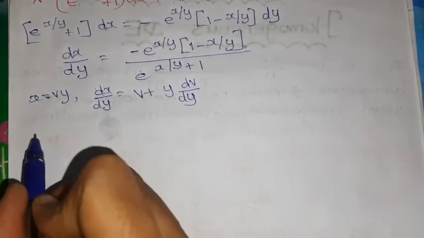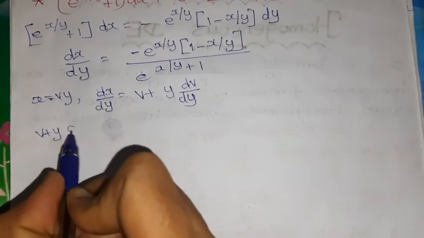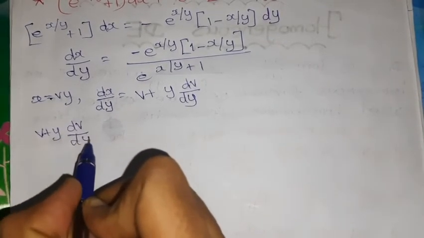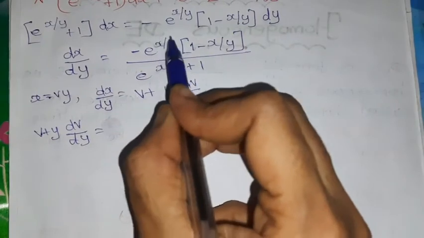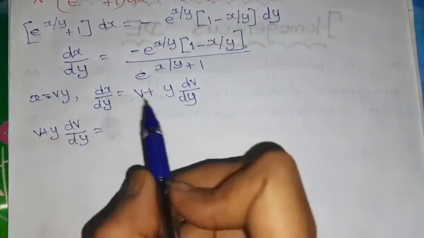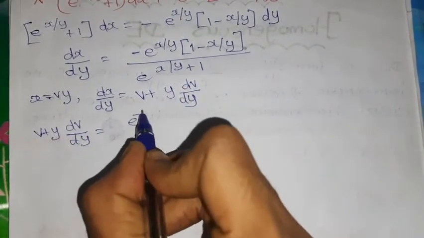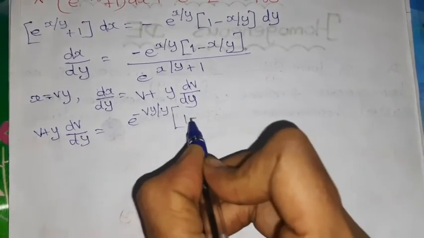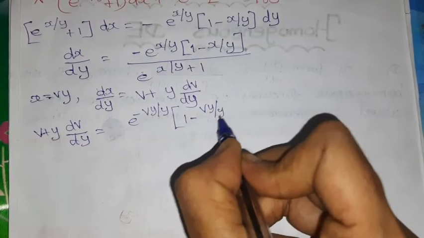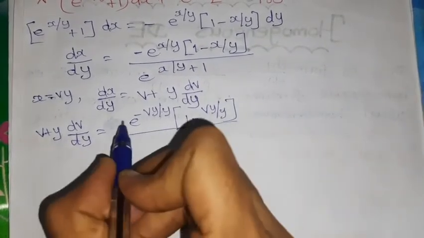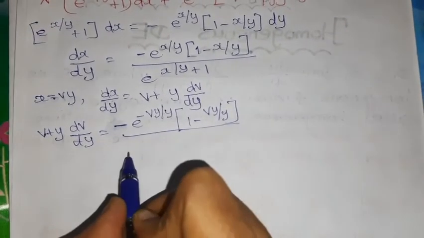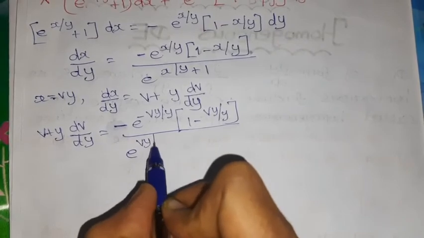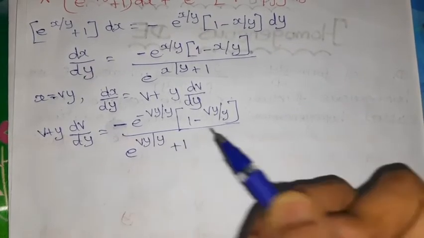What will we get? v plus y into dv by dy equals, in place of x, substitute vy. So minus e power vy divided by y into 1 minus vy divided by y, divided by, don't forget this minus sign, e power vy by y plus 1, right?